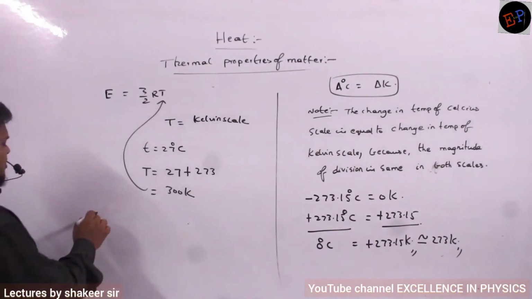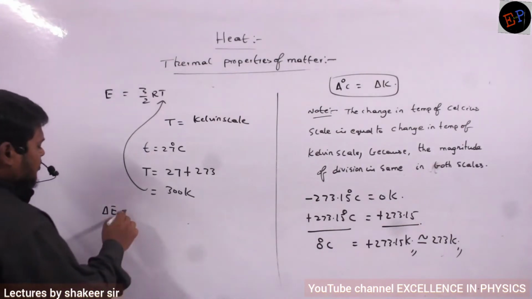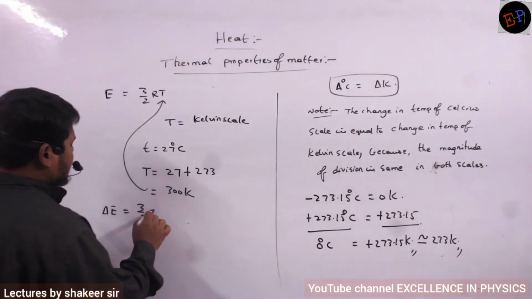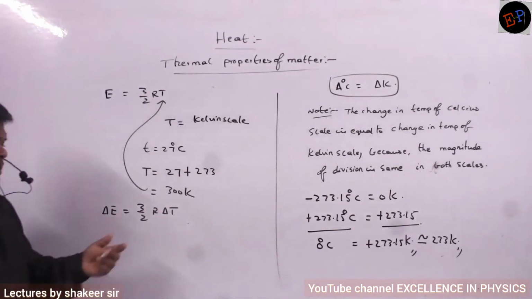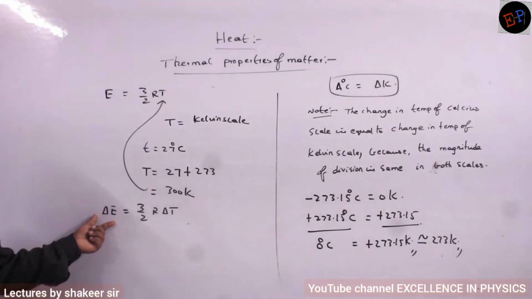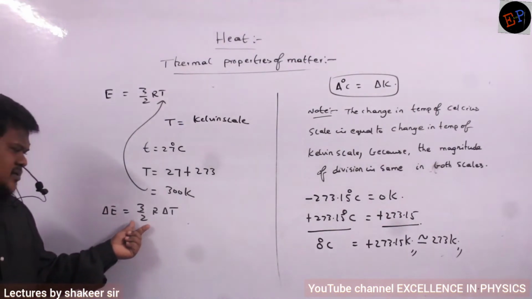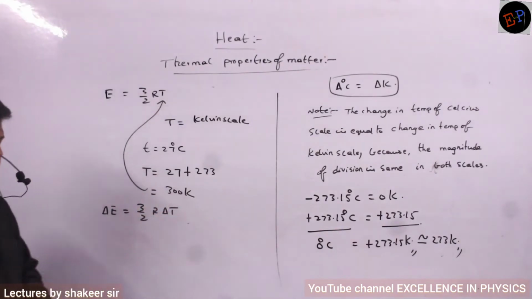And similarly, for example, if you want to calculate a change in energy of an ideal gas molecule, then it is 3 by 2 R delta T. This is how I have to write. Okay? If I heat a gas, its temperature rises, no? Then energy also will change. So change in energy can be written as 3 by 2 R delta T. Delta T means what? Change in temperature. Okay.